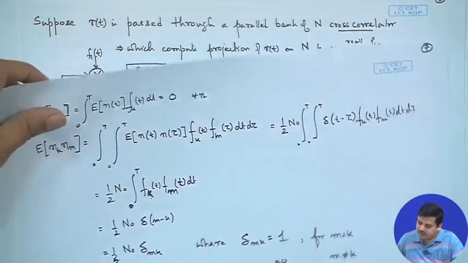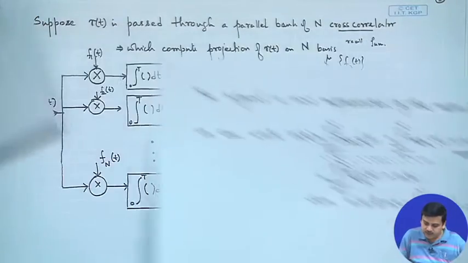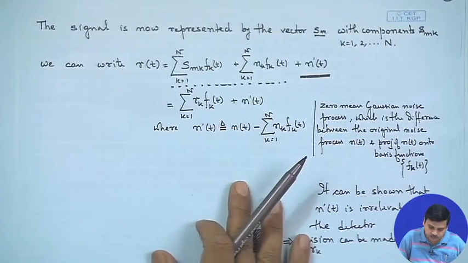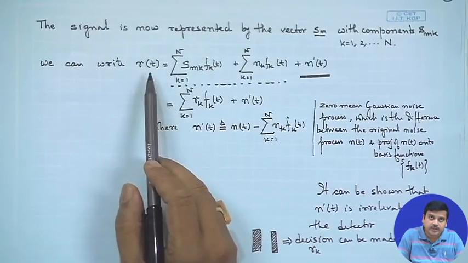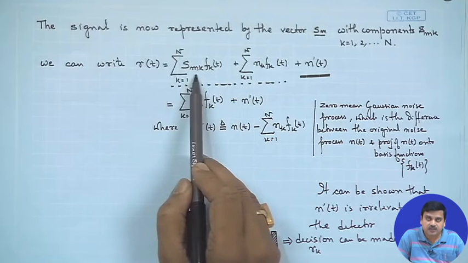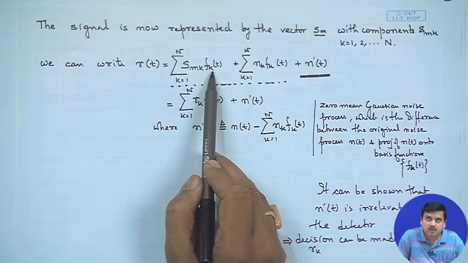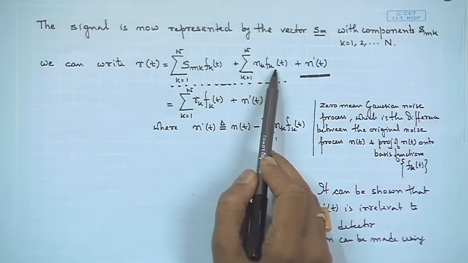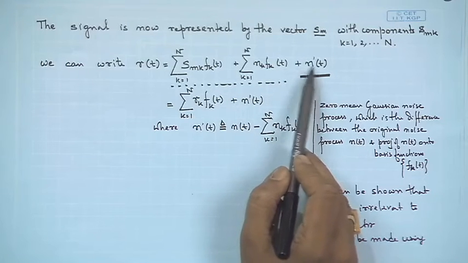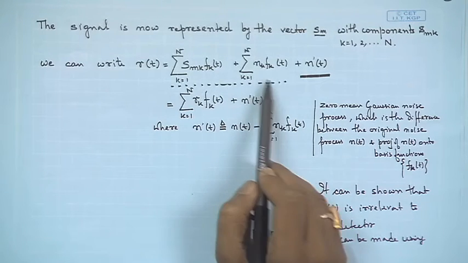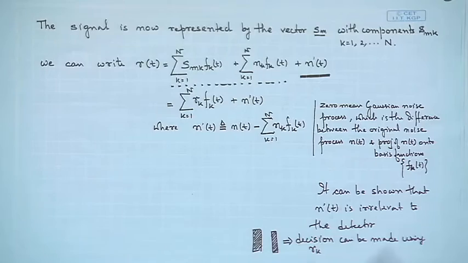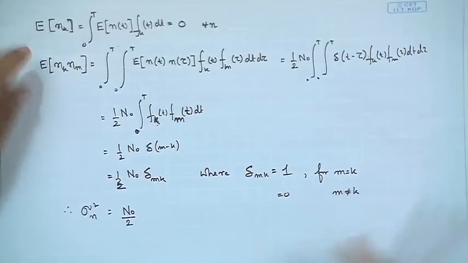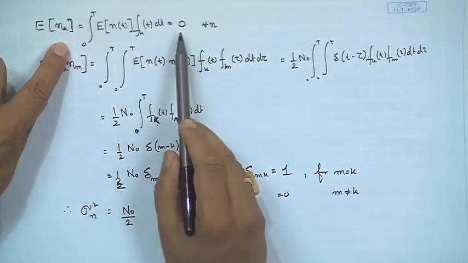And then we said that this particular signal could now be written in terms of an expansion of the signal using these basis functions, and the noise using basis functions plus noise which is lying outside the basis set. And then we looked at a few properties of the component of noise, which we found to be zero mean.